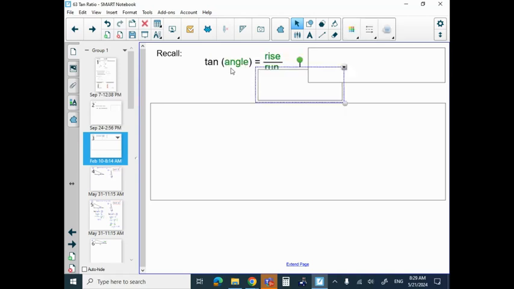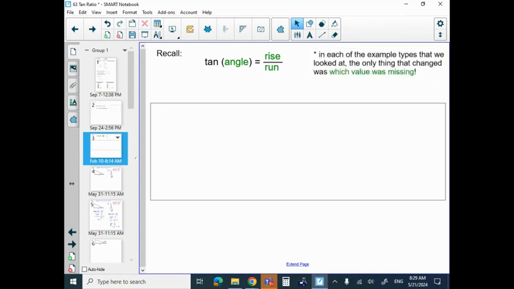So just as a quick review from yesterday, we found that the tan button of the angle, so the tangent ratio of the angle, equals rise over run. And so in each example that we did yesterday, the only thing that changed was the value that was missing.